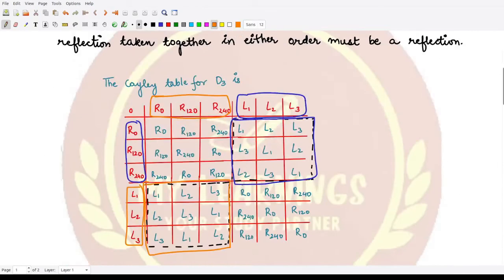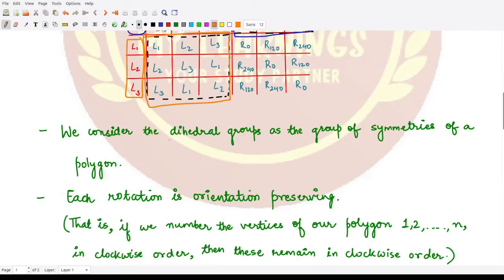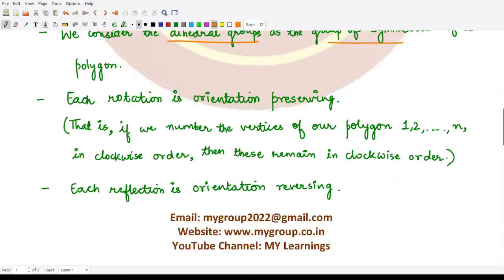In general, we already know that for dihedral groups, which represent the group of symmetries of a polygon, each rotation is orientation preserving. What do we mean by that? Suppose we have this pentagon. Let's call the vertices 1, 2, 3, 4 and 5, and we rotate it in the clockwise direction. Each rotation preserves the orientation.